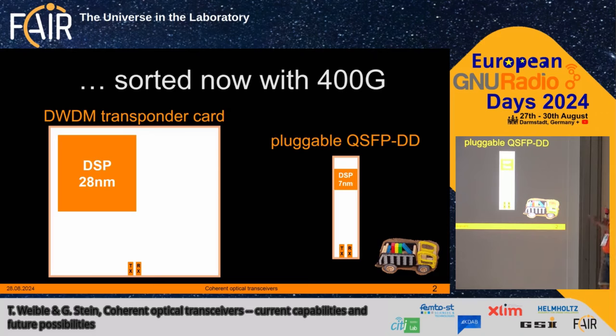So this is a big advantage, having 7 nanometer structures, getting a tiny DSP in terms of the power it consumes and its size. Those DSPs are now placed on a module doing 400 gigabit and enabling coherent transmission. So that's the current state, and I hand over to Gerhard.